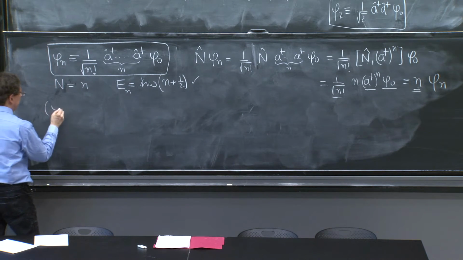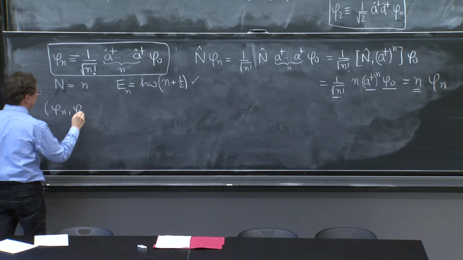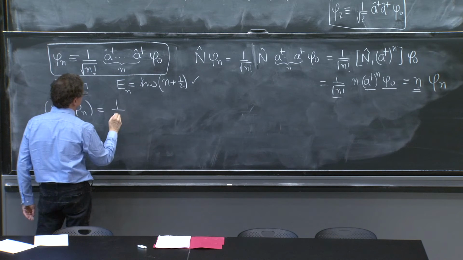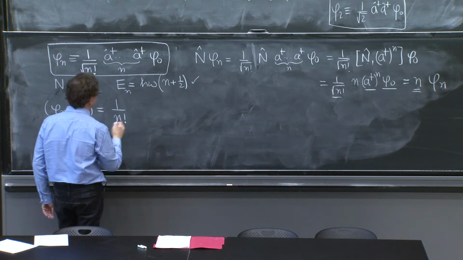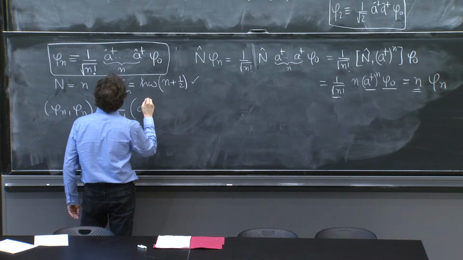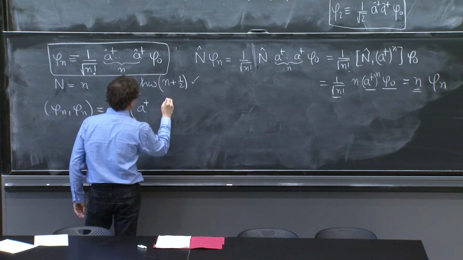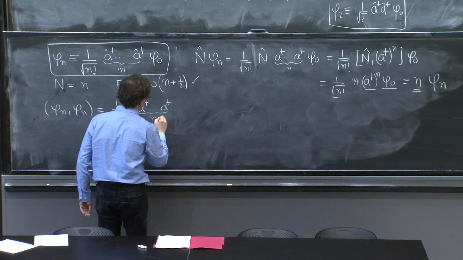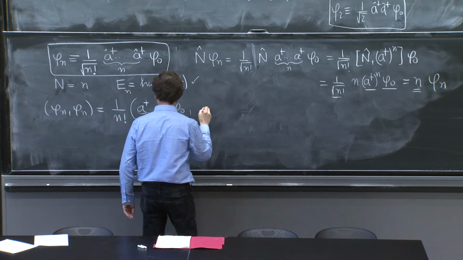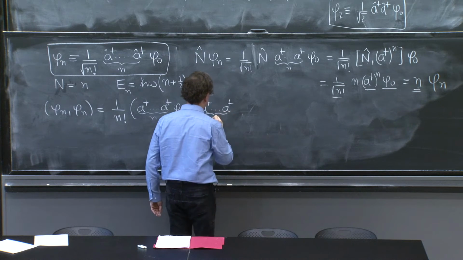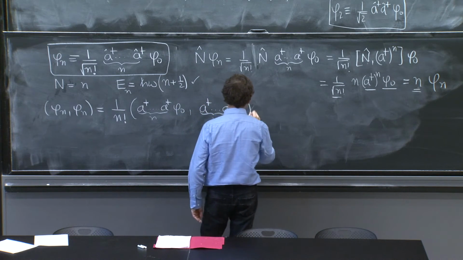Let's say I think this is a full derivation. Phi n with phi n would be two factors of those, so I would have 1 over n factorial, A dagger, n of them on phi naught, A dagger, n of them again on phi naught.